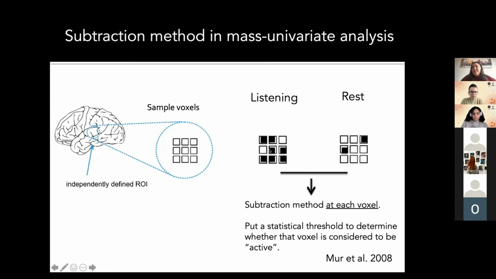Let's say that these black ones show that these voxels are active in auditory cortex during listening, and only, let's say, 2 of these are active during rest. And by using what we call the subtraction method, you basically subtract the activity of the rest period from the activity of listening, and then you can identify the resulting activity pattern that corresponds to listening as opposed to rest, okay?